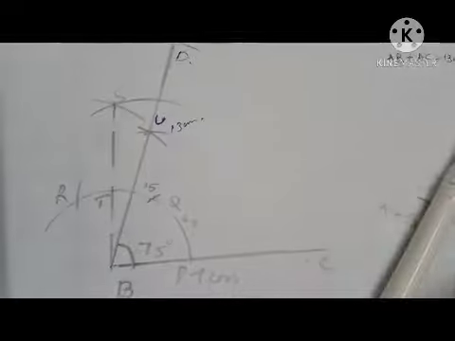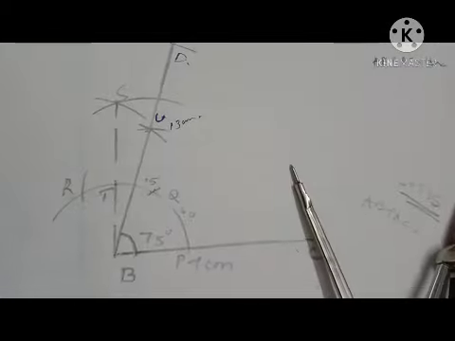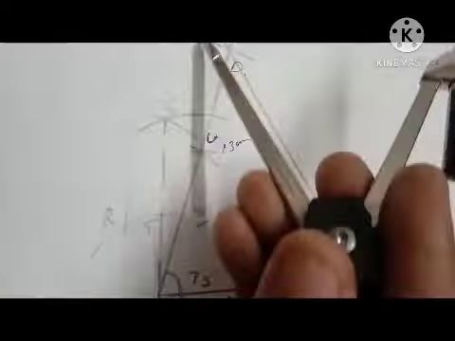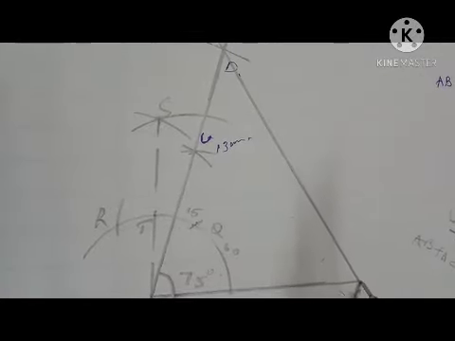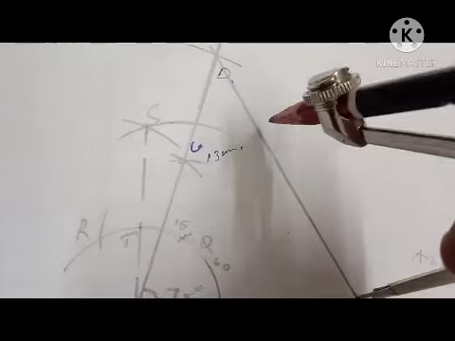Then we have to join these two points C and D by using the ruler. Next step is we have to construct the perpendicular bisector of this CD. To construct the perpendicular bisector of CD, we have to take more than half of this length CD by using compass, not the actual value, only an approximate value.